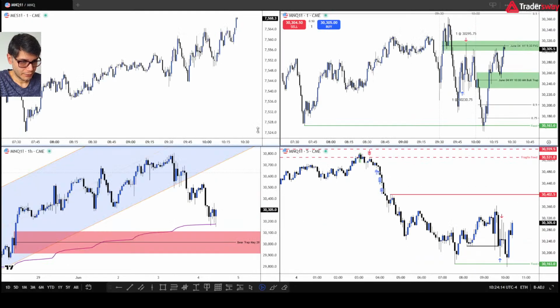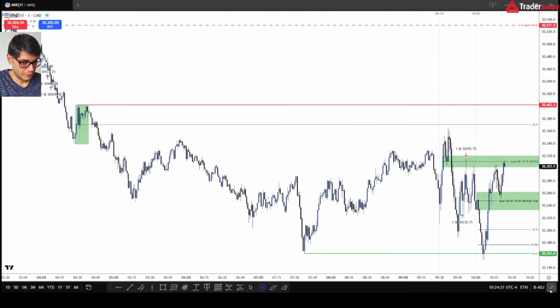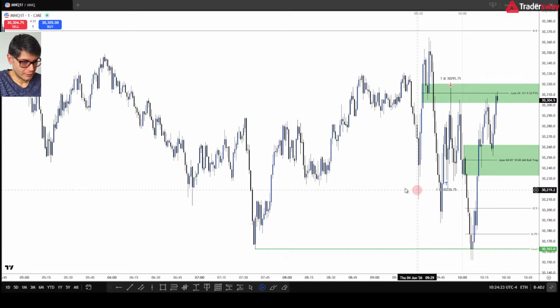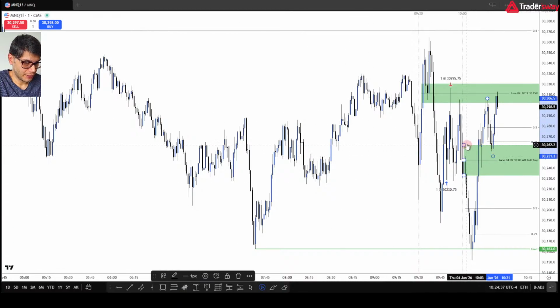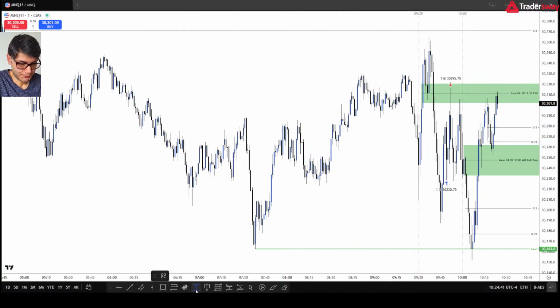On the other hand, ES is making a new high. Nasdaq did not do that yet, and I want to be more bullish on Nasdaq. But I could find one low risk, low probability trade, entering here, stop there.